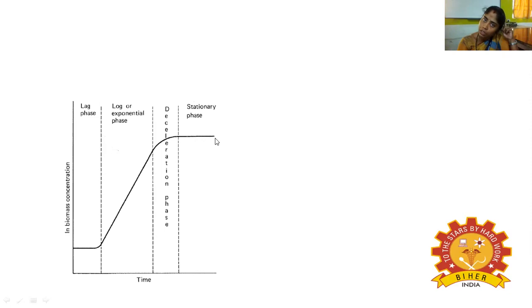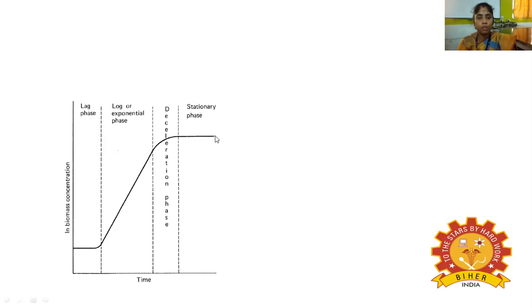In the stationary phase, the product starts to form. That product can be either primary or secondary or whatever it might be. The stationary phase indicates there is no further growth of the cell, which means the growth of the cell has been attained entirely for the newer product formation.